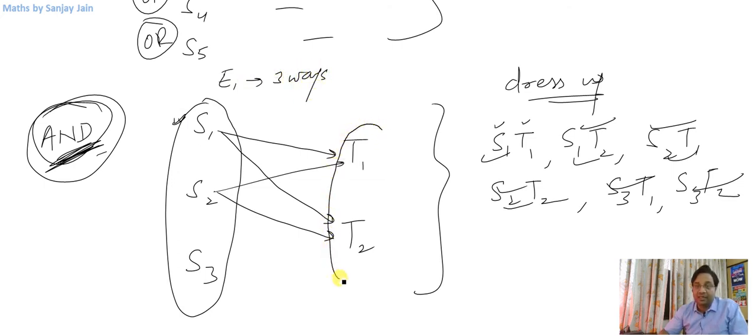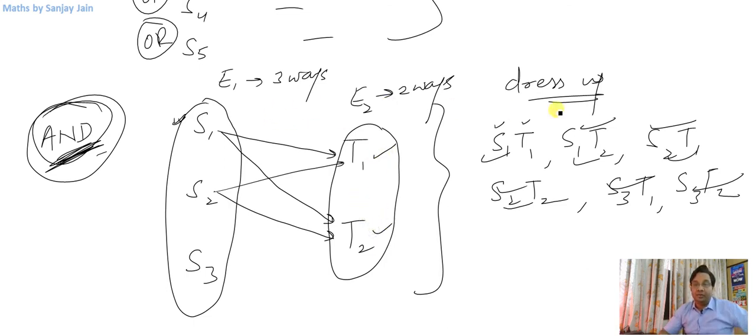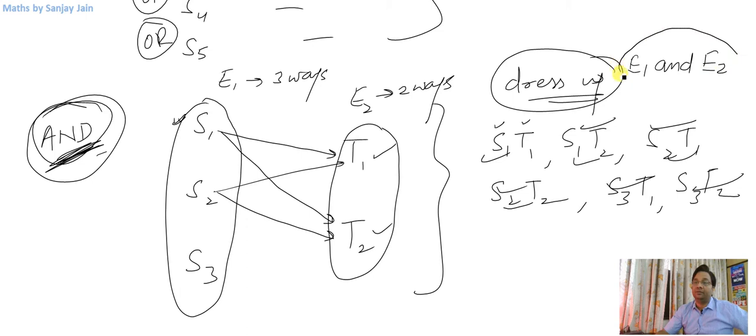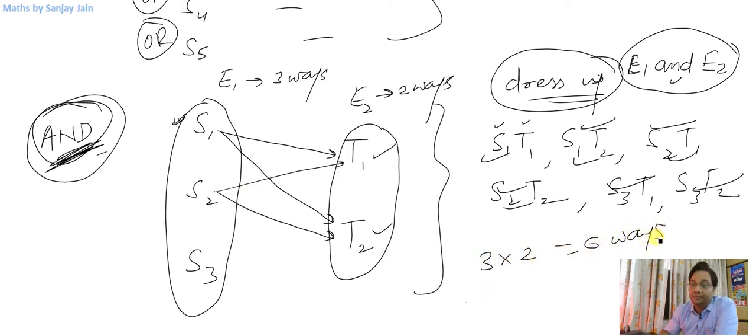If I ask you to wear a trouser and call it event 2, this can happen in 2 ways, right? You can wear T1 or T2. But now when I am asking you to dress up, I mean E1 and E2 both should happen, right? E1 should happen and E2 should happen. So with both happening, what is the number of ways that E2 happens following E1, or vice versa? Then I will say 3 into 2, 6 ways. Now I need to multiply these 3 and 2, right?